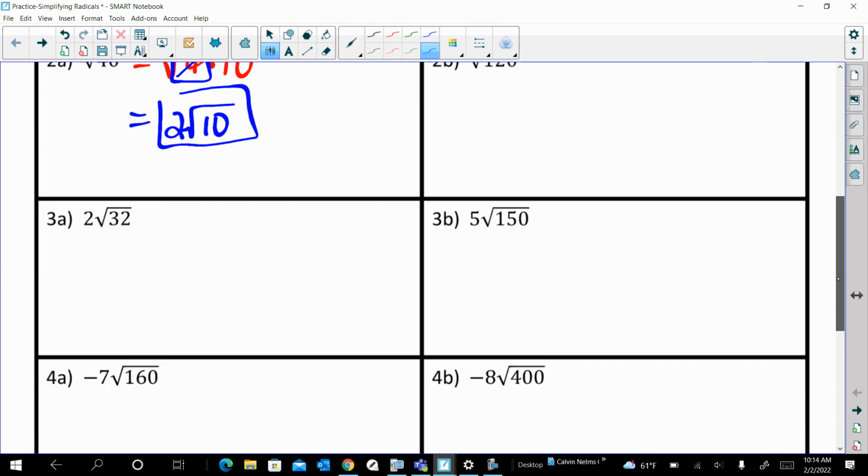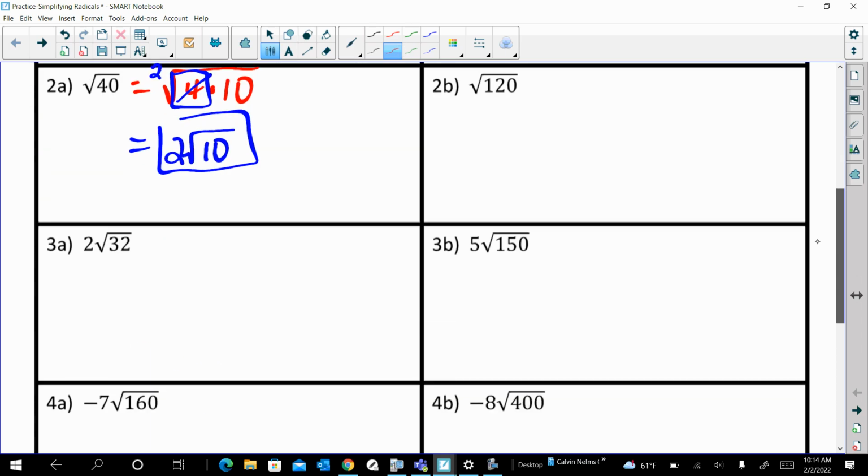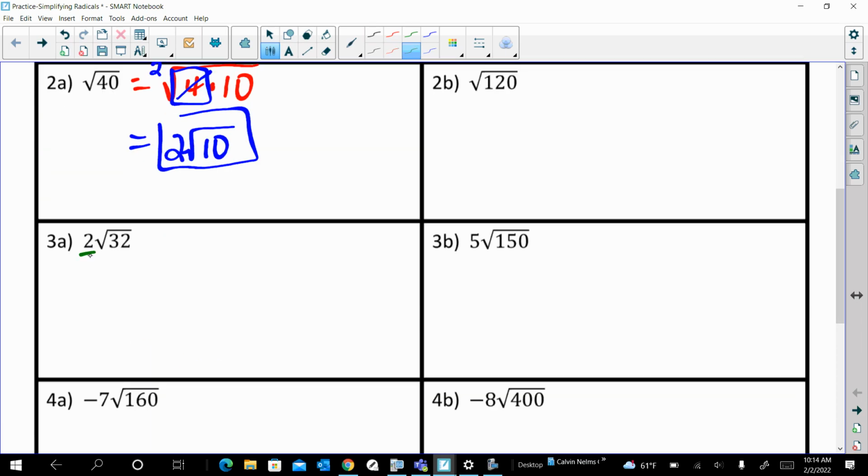All right, now this one's a little different. You see right here, you have this 2 in front of this radical symbol. It is the coefficient. It has to stay there, okay? But I'm still going to show the factors. So this would be 2, then my radical. What are my factors that give me 32? 16 times 2 is what I'm going to show underneath the radical. 16 times 2.